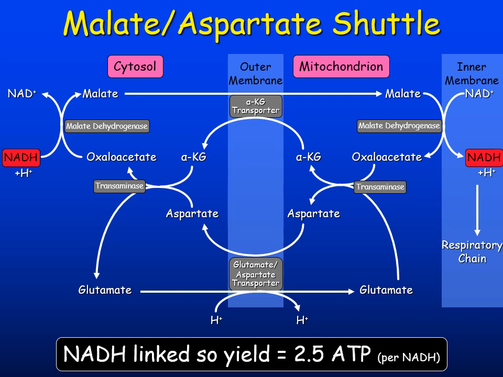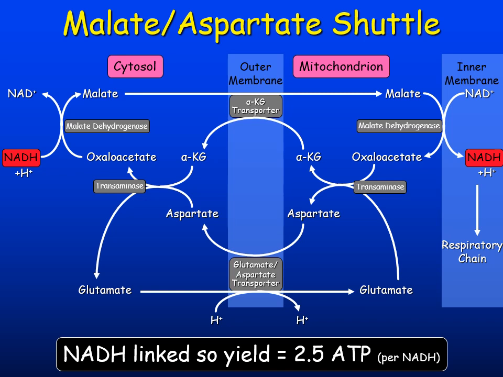That's because the cytosolically produced NADH from glycolysis is coupled with the production of NADH on the inner side of the mitochondrion. And of course, this leads to the generation of 2.5 ATP. You'll remember that the glycerophosphate shuttle was coupled with the production of FADH2 inside the mitochondrion, which only produced 1.5 ATP. So there's a bit of an efficiency difference here.